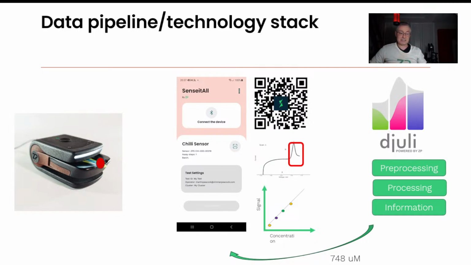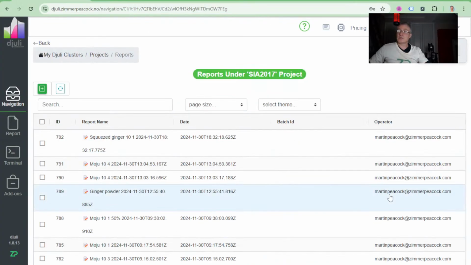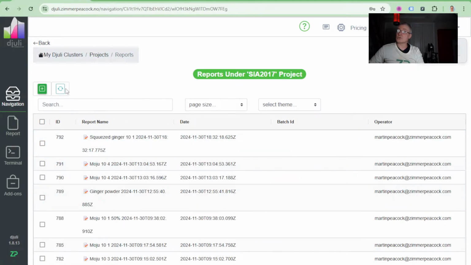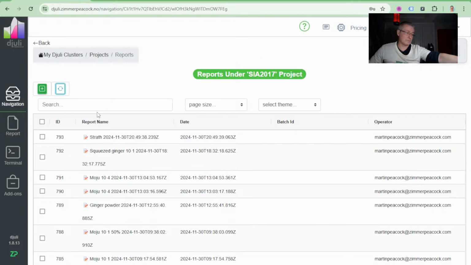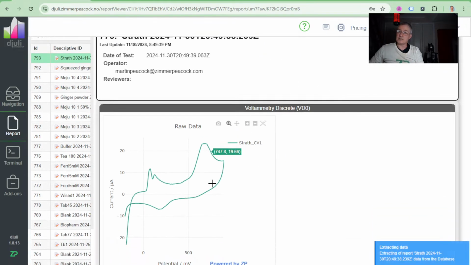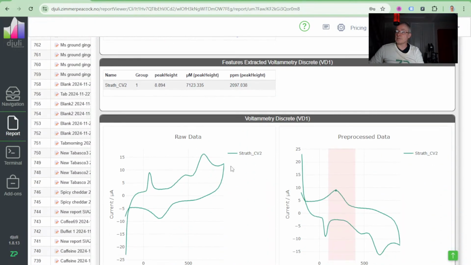But what's nice is we have a feature, and I'm just going to quickly navigate to it. The data actually went to the cloud, and if I do a quick refresh here, it says Strath, so that's what I put into the phone, and I can see the cyclic voltammetry.